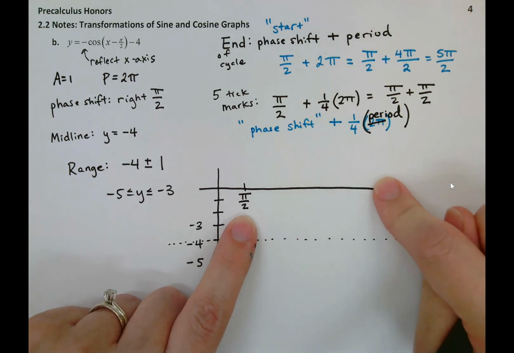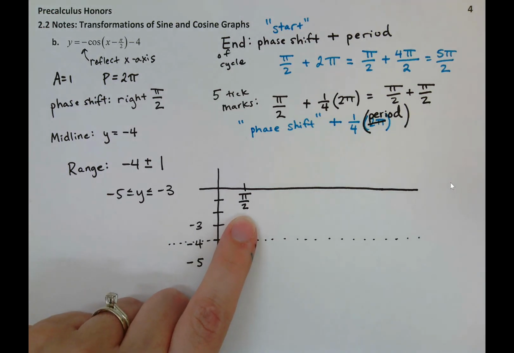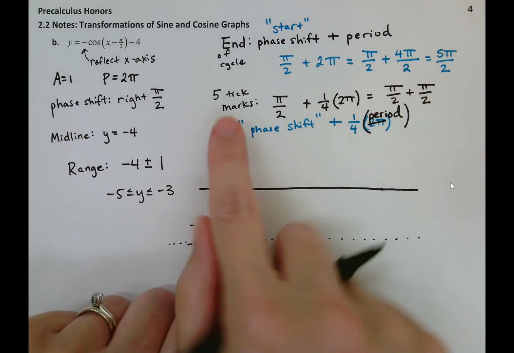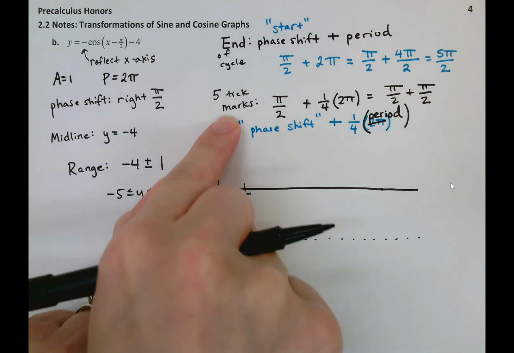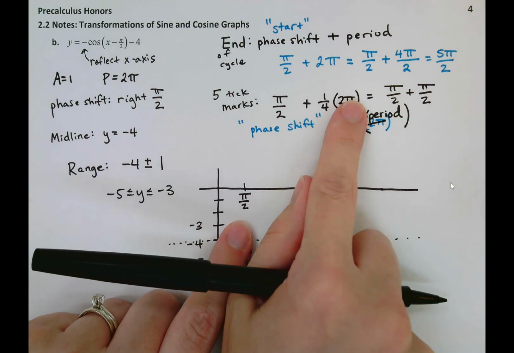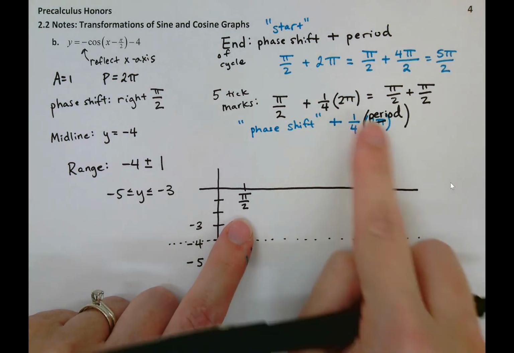Like I said, with this example, that's not difficult because pi over 2 is not a difficult fraction to work with. But when I get more complicated fractions, I like this other method better, which is finding my 5 tick marks. So you start with your phase shift, and then you add a quarter of your period 4 times until you get 5 tick marks.